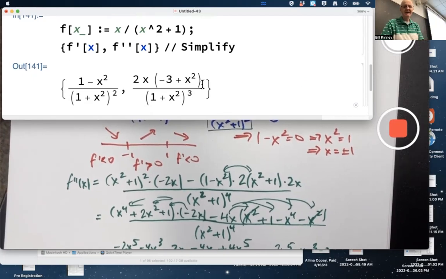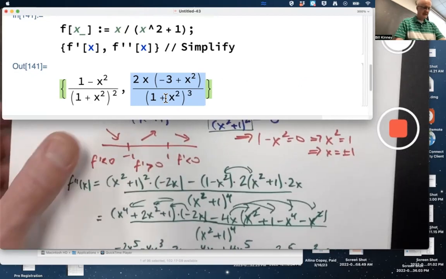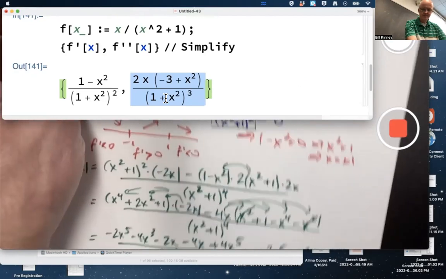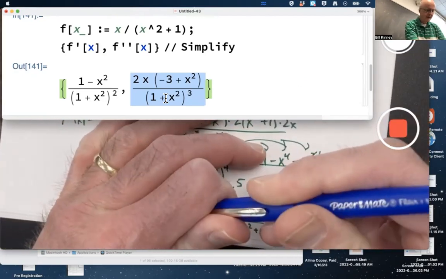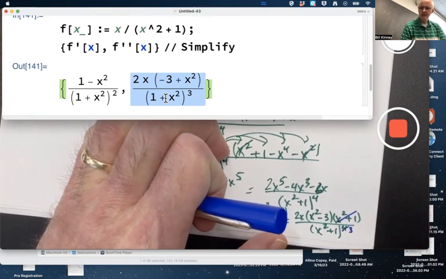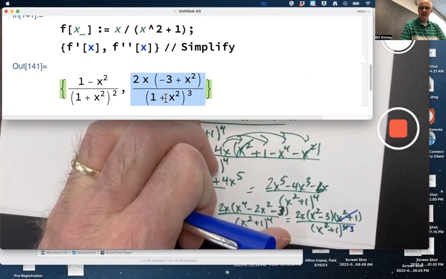And yes, Mathematica did cancel one of the x squared plus 1s for the second derivative. And in fact, I could do that at the end here as well. I could cancel this with one of those. Looks like I got it right.